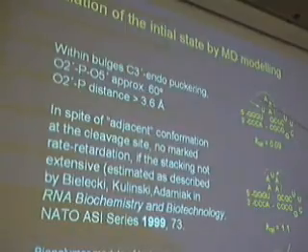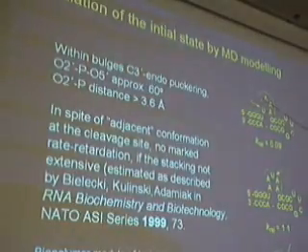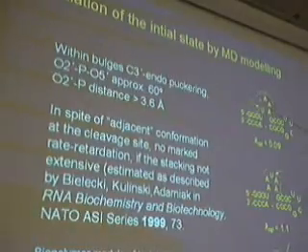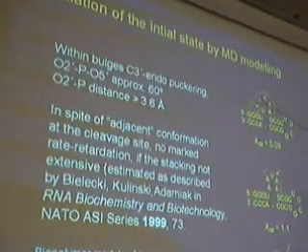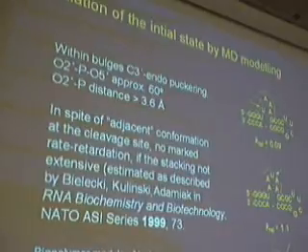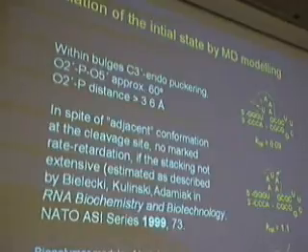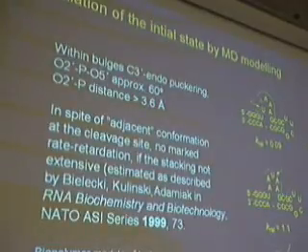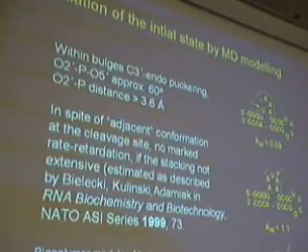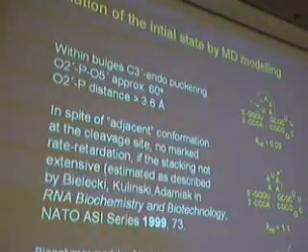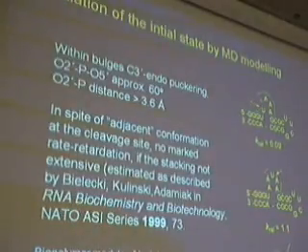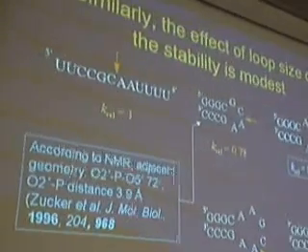But we can also calculate the stacking energy. And if there is an extensive stacking between bases, as here or as here, then the bond becomes stabilized. But it's the base stacking strength, not the initial geometry, which plays a role. We can see the same here.